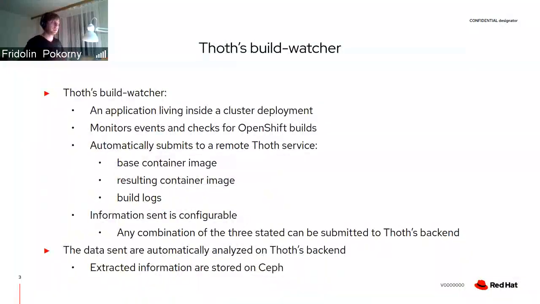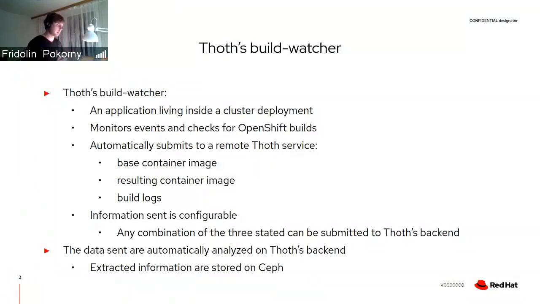That is the base container image that was used during the build, the resulting or output container image that was produced during the build, if the build was successful, but also build logs that were produced during the application assembling.